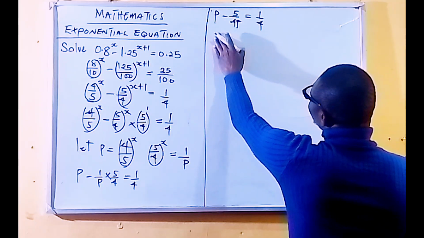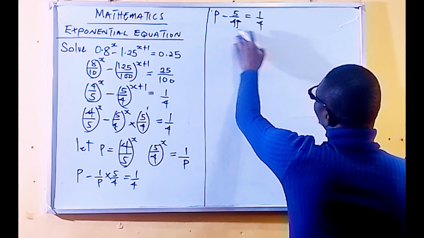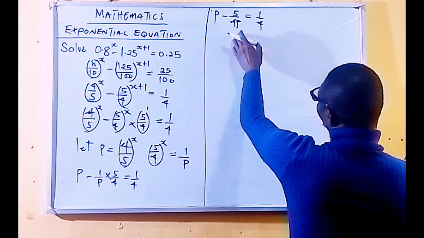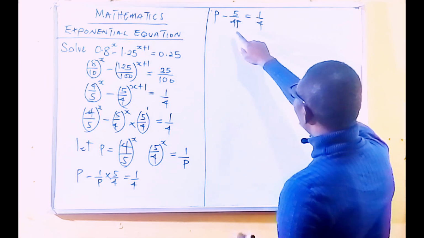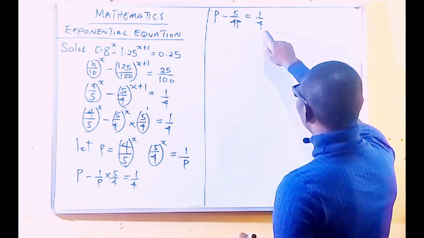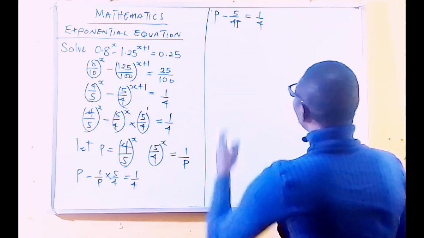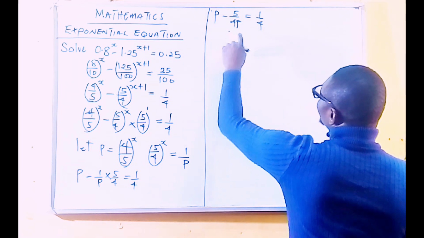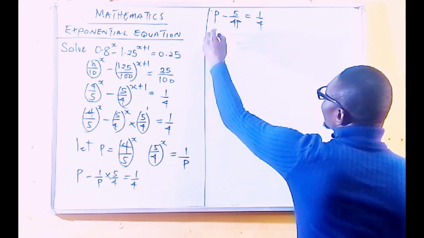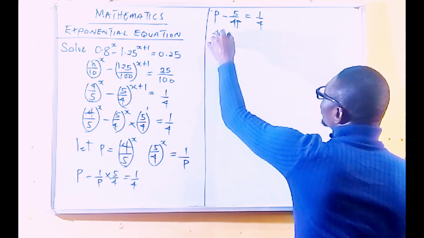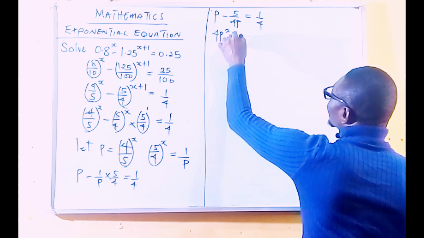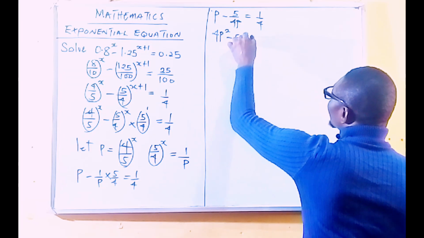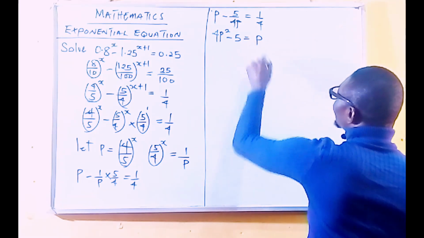Now you can simplify this by clearing the fraction. The LCM of 4p and 4 is 4p. So you multiply all through by 4p. If I multiply all through by 4p, I'm going to have 4p squared minus 5 is equal to p.